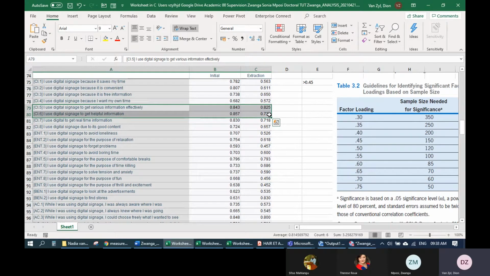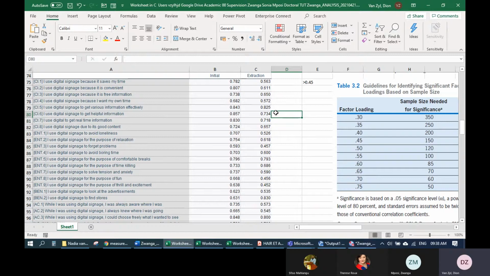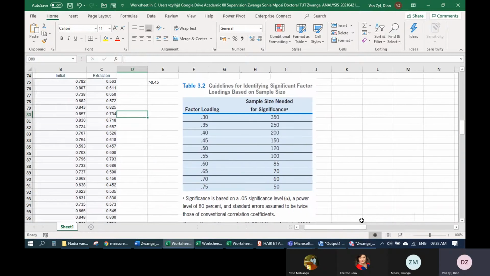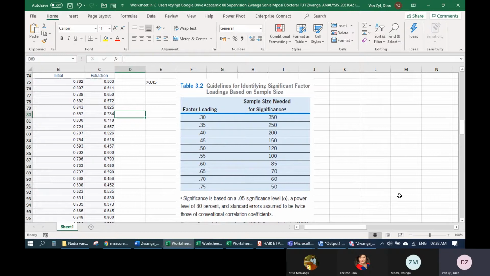And usually a high communality tells us that we're on the right path. Now, if you go to the norms, it's the same as with Cronbach alpha, where it says it needs to be above 0.6 or above 0.7. In here it says guidelines for identifying significant factor loadings based on sample size. We've got a sample size of 165.